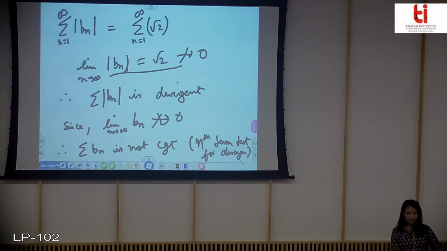So what you can say is that this power series does not converge even conditionally at the point x equal to 0. Now let us see what will happen at x equal to 2 root 2.